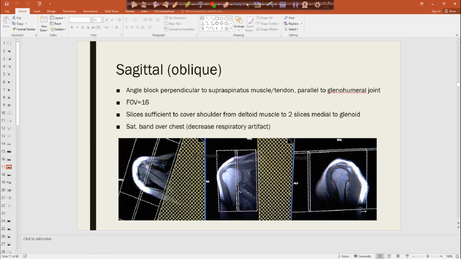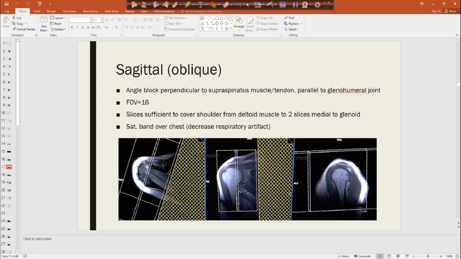Do we want to adjust the field of view often when we're doing MSK? No. Why do you think we don't want to really adjust the field of view? You want to cut nothing off? When in doubt, the radiologist will give you that.